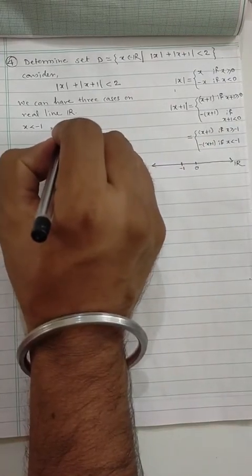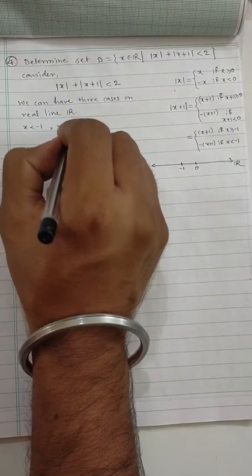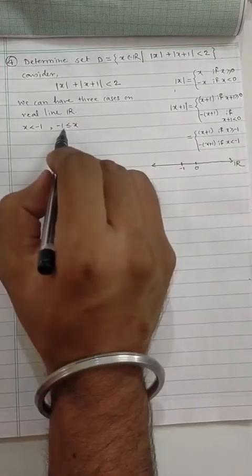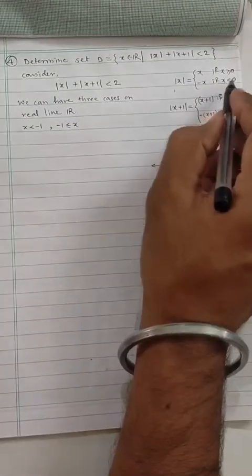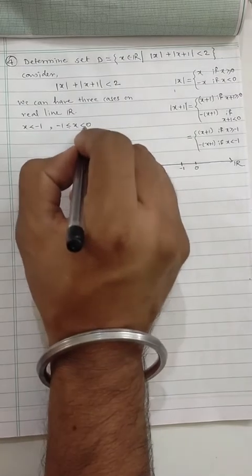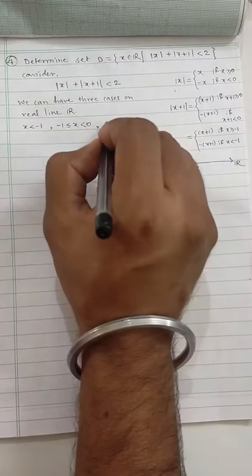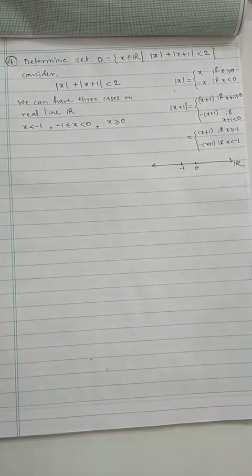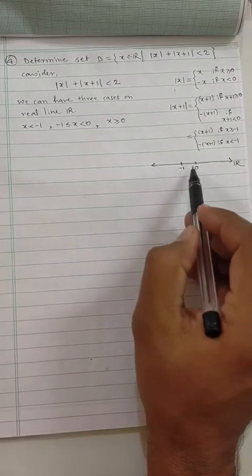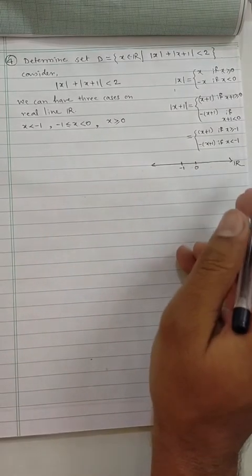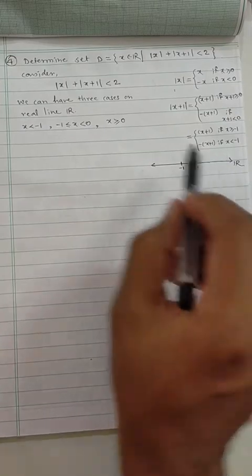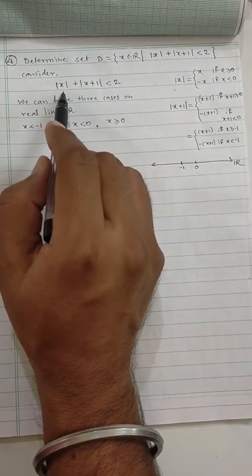And then x greater or equal 0, right? So these are nothing but the three partitions of the real line, depending on the definition of absolute value of x and absolute value of x plus 1.